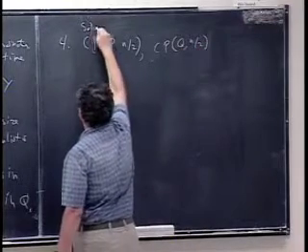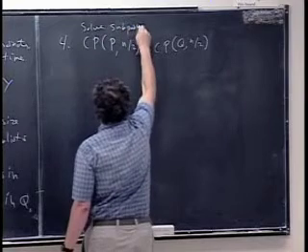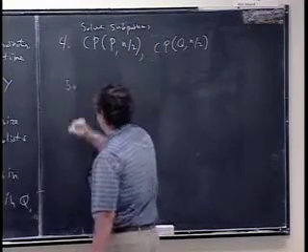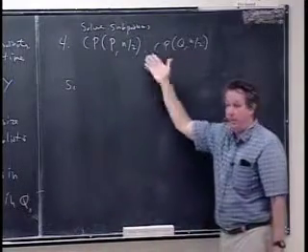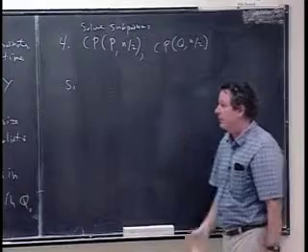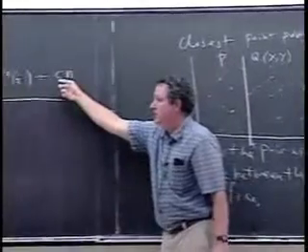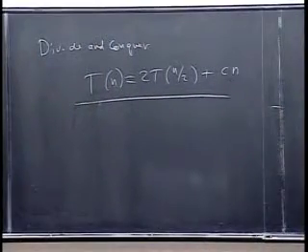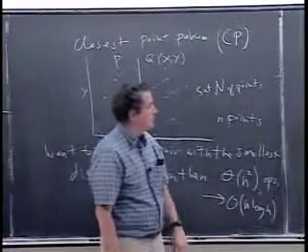Solve subproblems like that. And then we're going to somehow use the solutions that we got here plus some additional work so that in order n time, we're going to find the closest pair of points over all of these points in the set N.